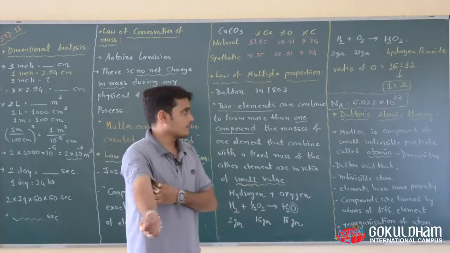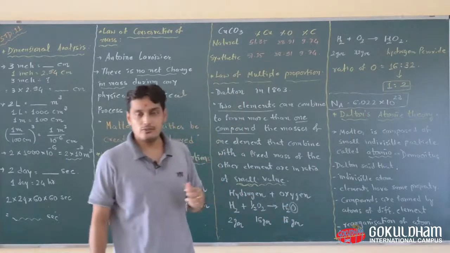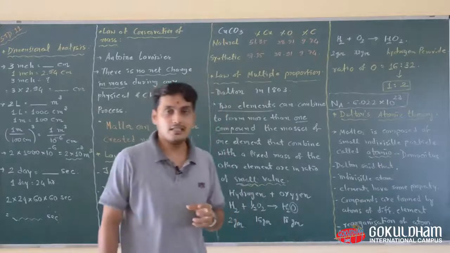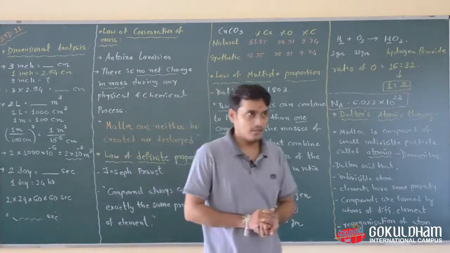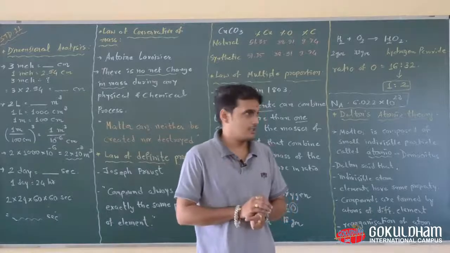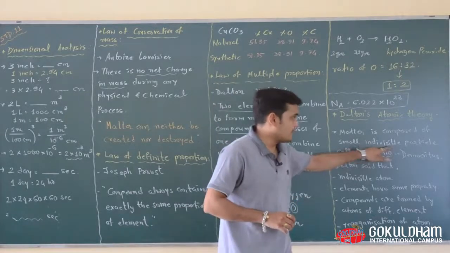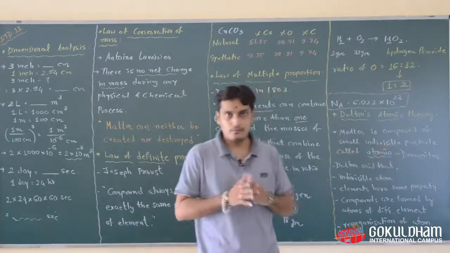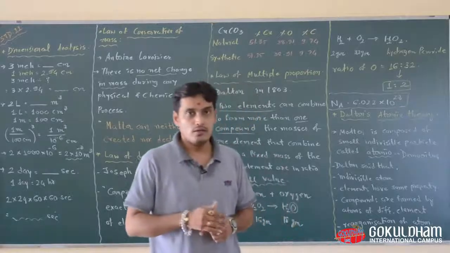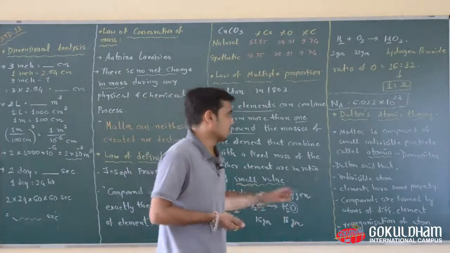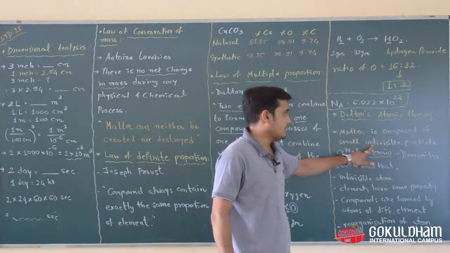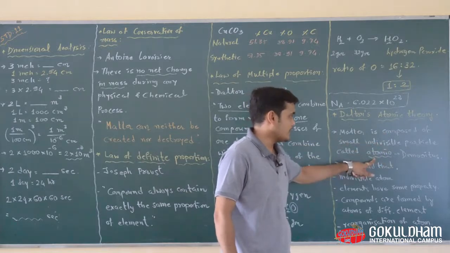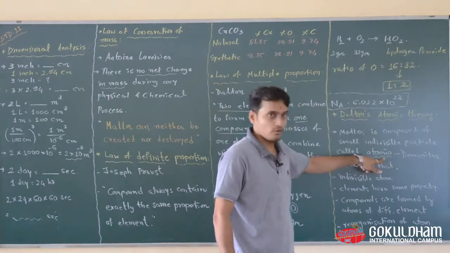First of all, before Dalton gave this atomic theory, one scientist, that is Democritus, said that matter is composed of small indivisible particles. Indivisible particle means you cannot break those particles into further partitions, and that is named as atomio.